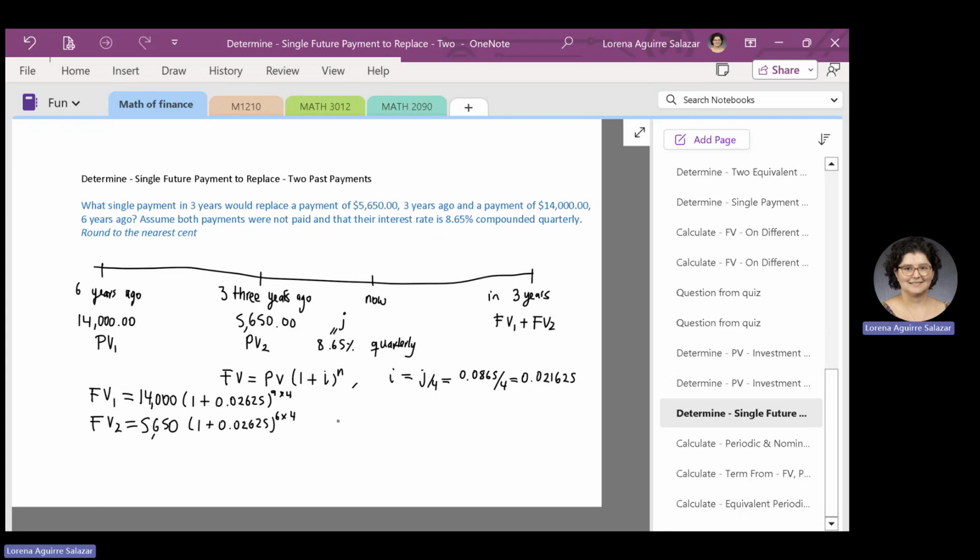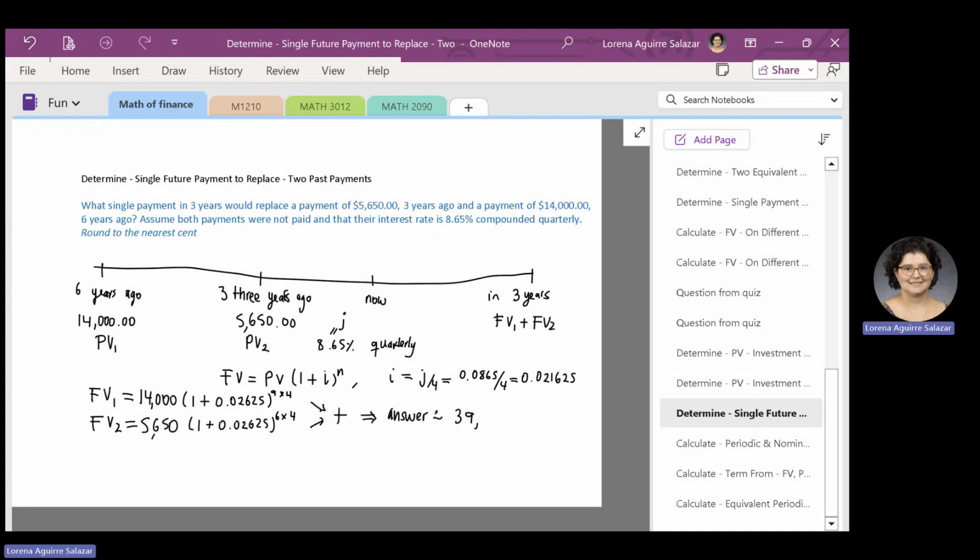And when we add those two numbers up, we get the single payment that will replace payments of $5650 3 years ago and $14,000 6 years ago. The answer is going to be the addition of those two numbers. When we use a calculator to add those numbers, we get approximately $39,684.41.